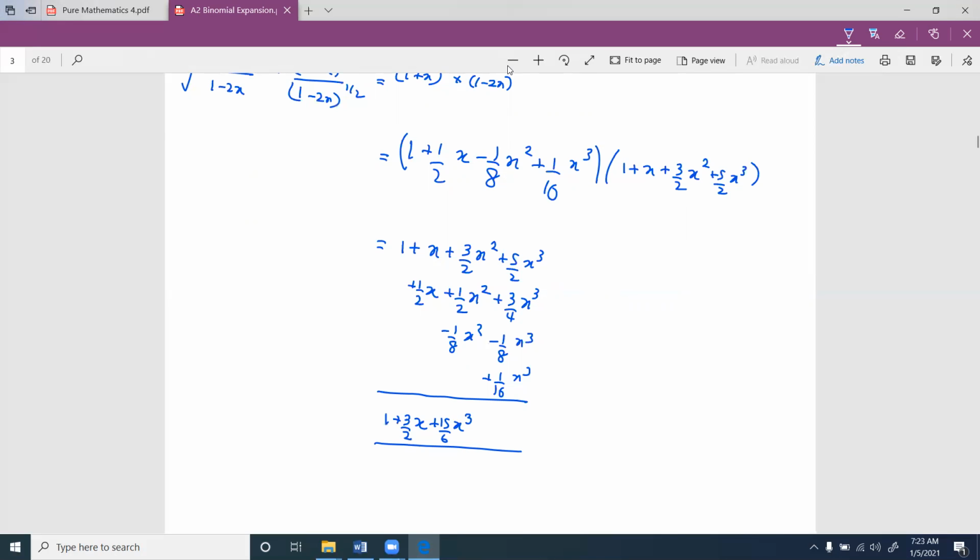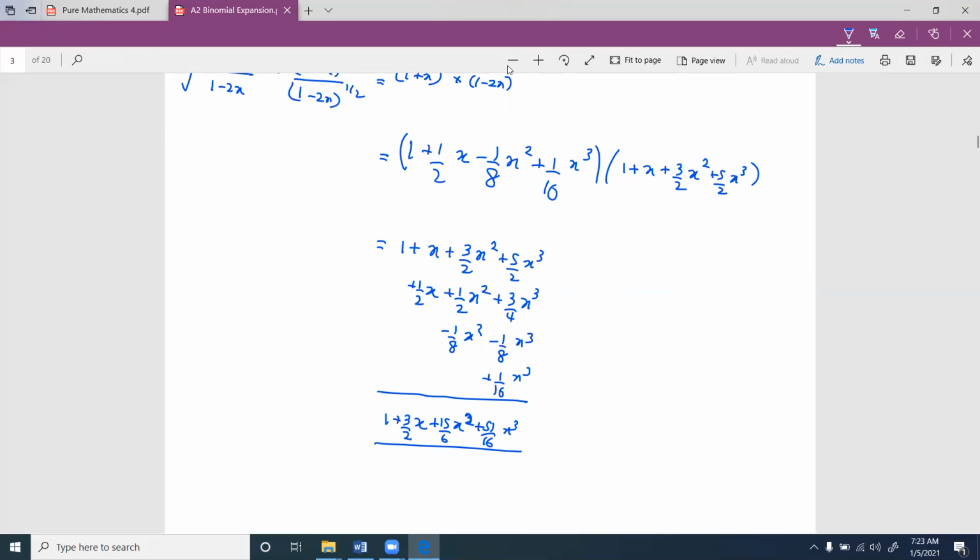Then you can go ahead with 5 over 2 plus 3 over 4 minus 1 over 8 plus 1 over 16. That is for the x to the power 3 terms. It turns up to 51 over 16 x to the power 3.